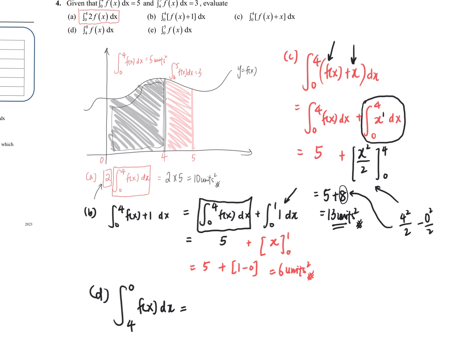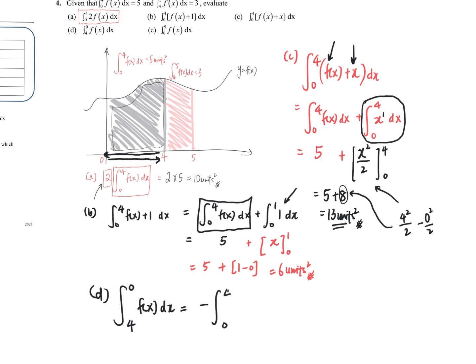I'm just checking. Okay, so normally we integrate from 0 to 4. But if we go backwards, then it is a negative area. We don't want that to happen. So this is equivalent to the opposite.